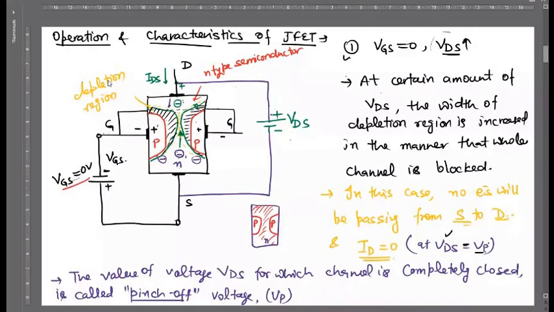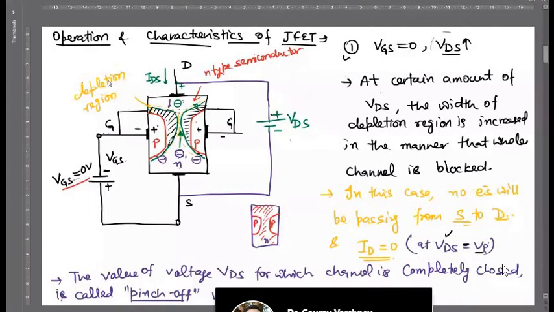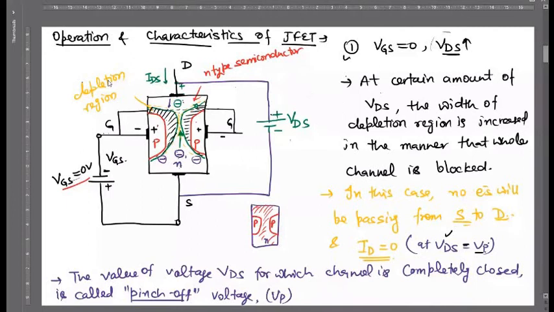Now the third case, if you consider VGS is positive, and you apply the positive voltage here, then what will happen? We need more value of VDS to completely close this channel. So you can control this BP, and you can control this ID by increasing or decreasing the gate to source voltage.